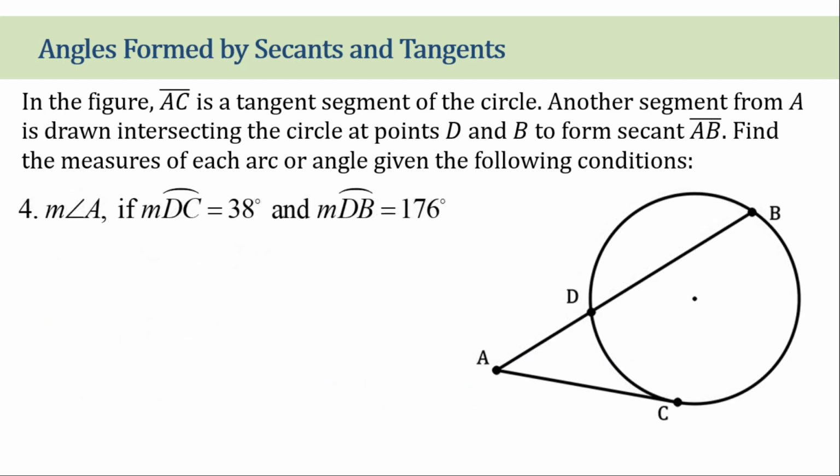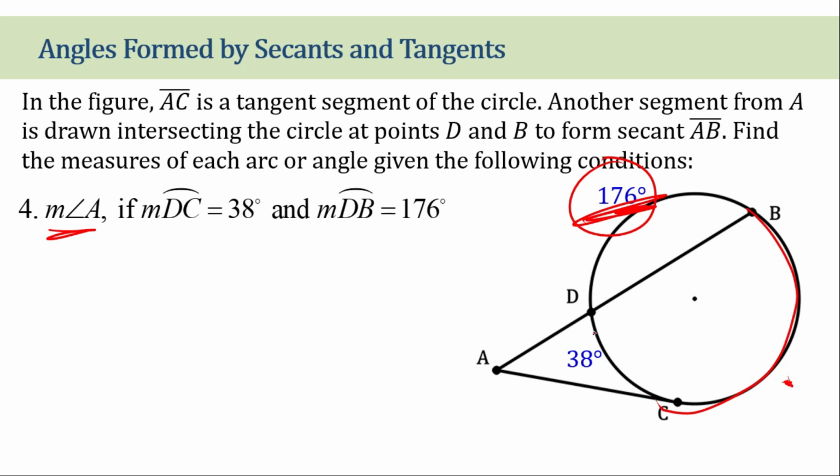Number 4 is find the measurement of angle A if DC is 38 and DB is 176. Now we don't need the measurement of this to solve for angle A. What we need is the measurement of arc BC. But this is essential in order for us to get the measurement of this.